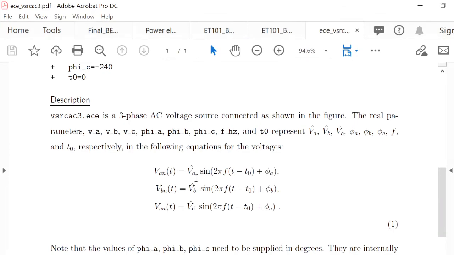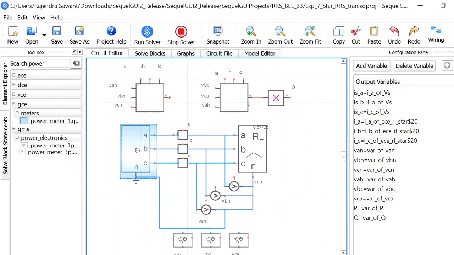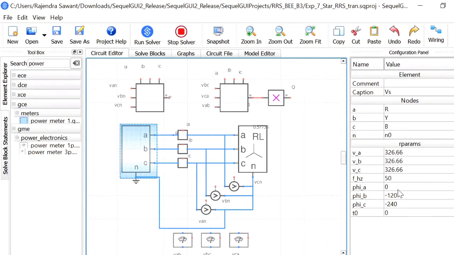So if we go back here and look at the property configuration panel, we shall find that VA, VB and VC are the phase to neutral voltages and their maximum values.